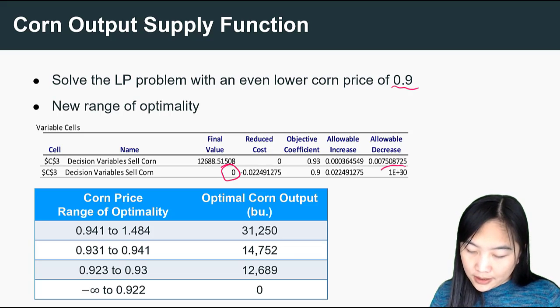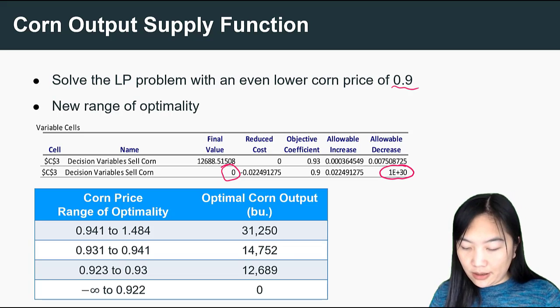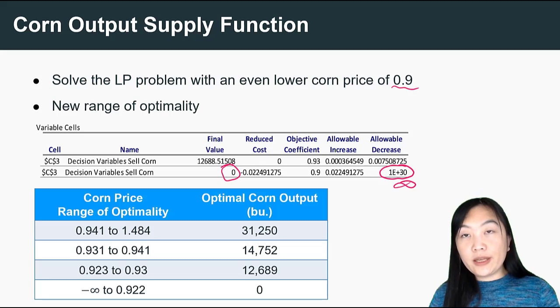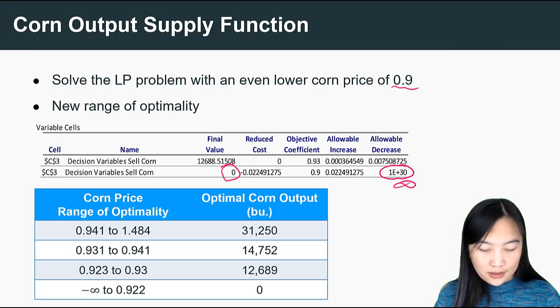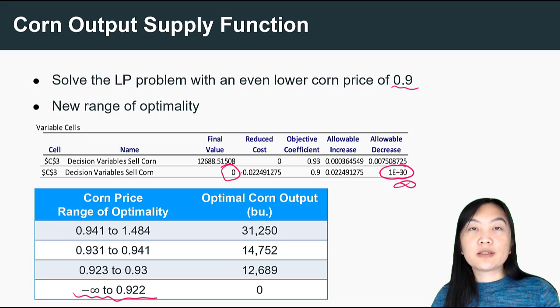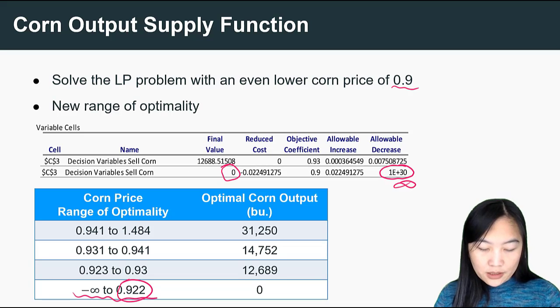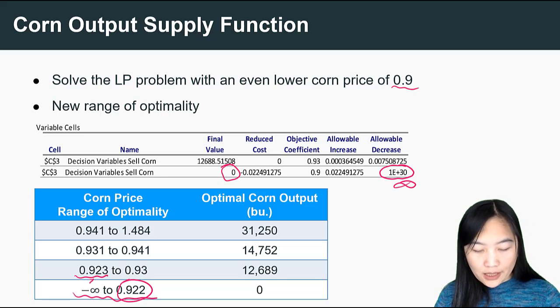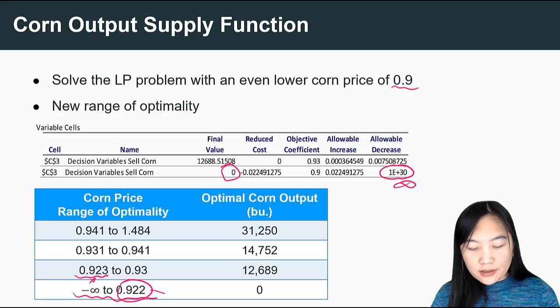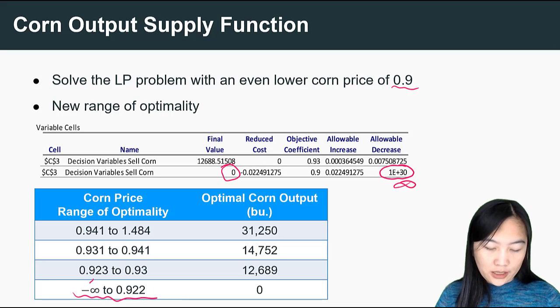We have this allowable increase, allowable decrease, which is infinity. So we calculate this new range, and we get the range which is negative infinity to this number. So this time it seems there's no gap between that lower bound and this upper bound. So we are okay here.